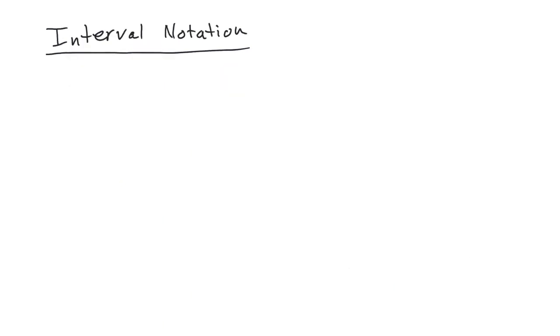The next concept we're going to study is a thing called interval notation. Sometimes you will see something like this. Here's our example. Let's say I have 1 is less than x, but it's less than or equal to 2.